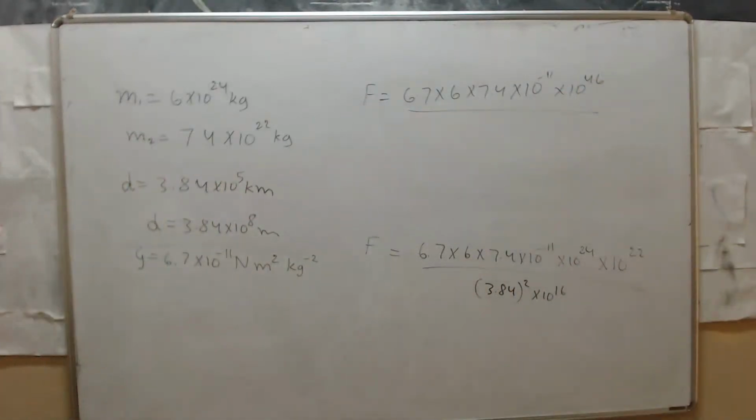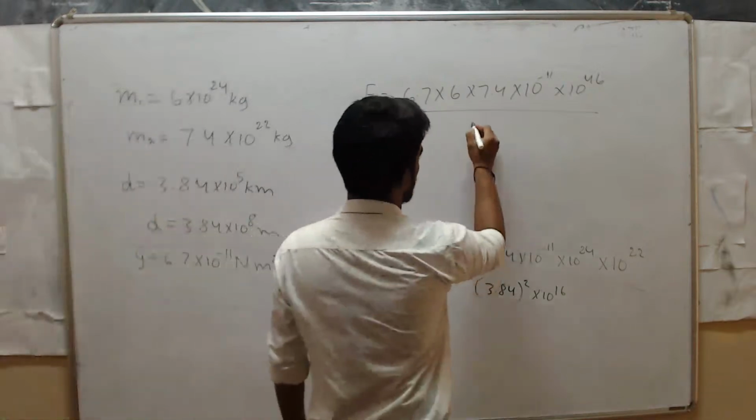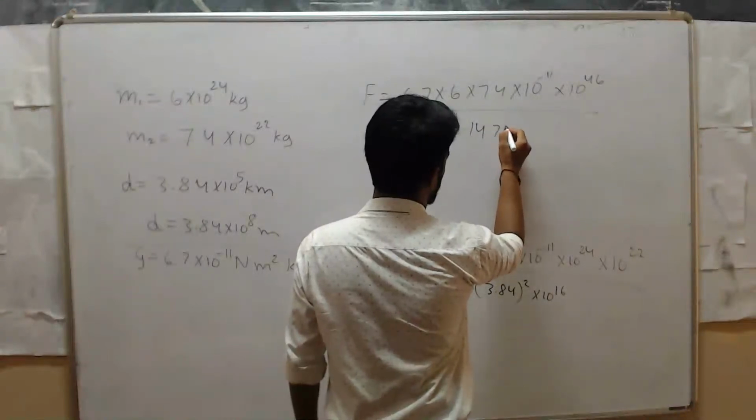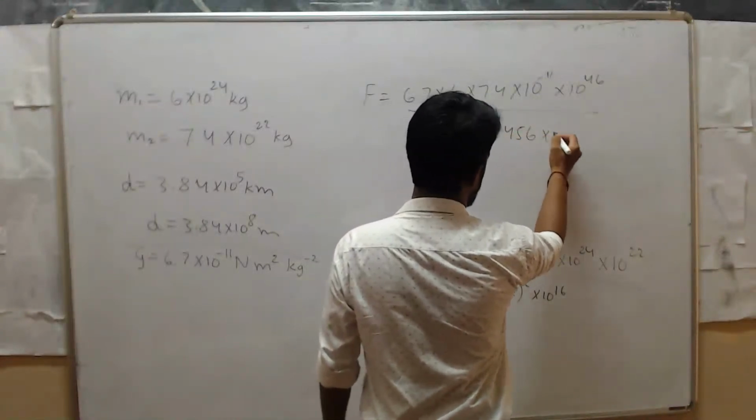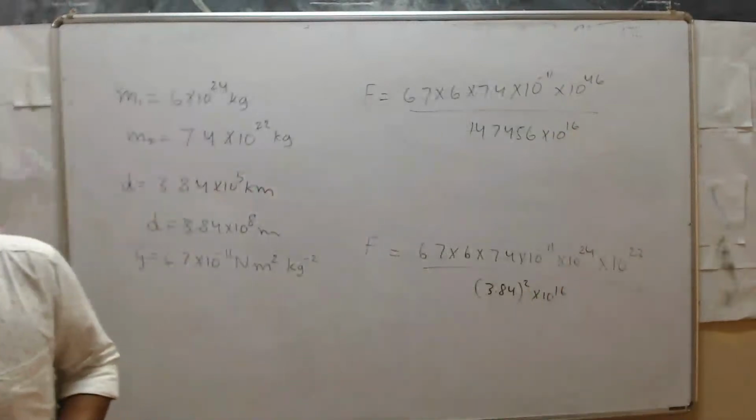What is the square of 3.84? 3.84 into 3.84 is 14.7456. So 14.7456 into 10 raised to the power 16. Clear?